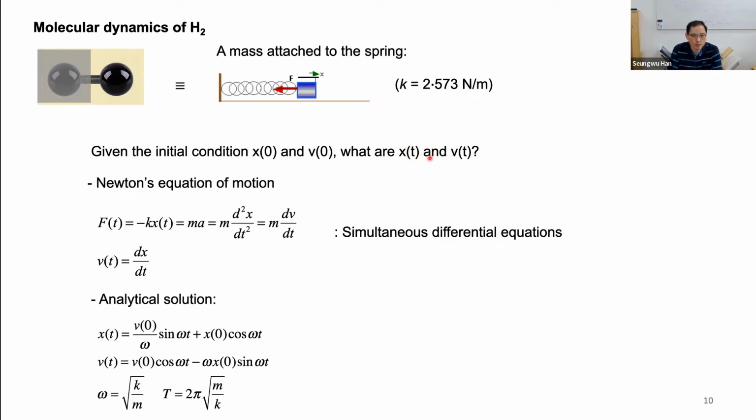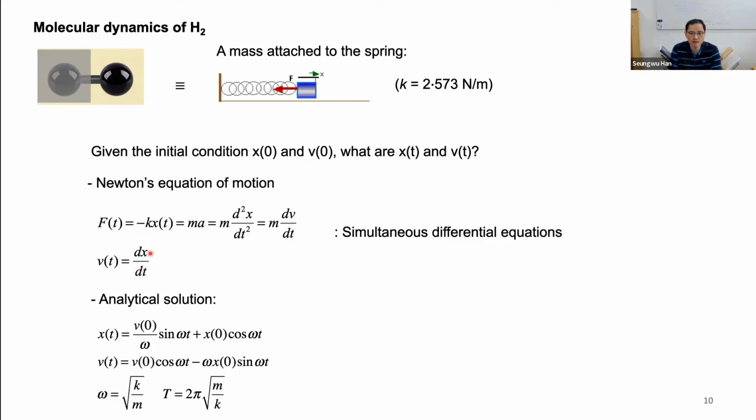And in order to obtain these two quantities, we solve Newton's equation of motion. The first one is F equals ma, as minus Hooke's law, and this is the second derivative of the position, the first derivative of the velocity, and also the velocity is the derivative of the position.